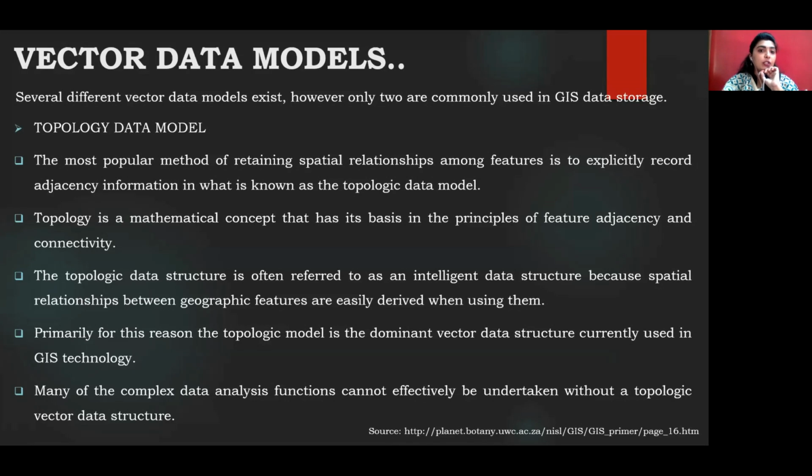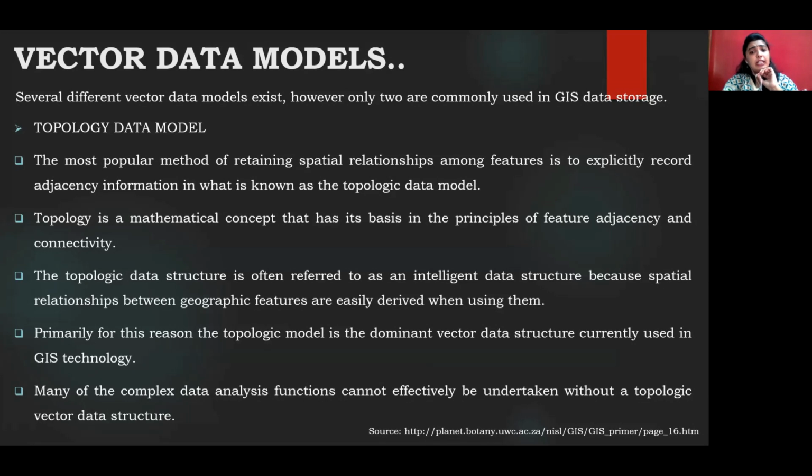The topological data model is the most popular method of retaining spatial relationships among features, and it is a mathematical concept that has its principle based on adjacency and connectivity. So the network analysis that we do on GIS software is nothing but the topological data model. It's a form of topological data model.